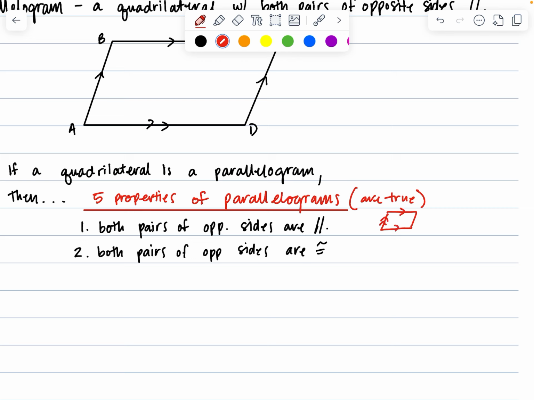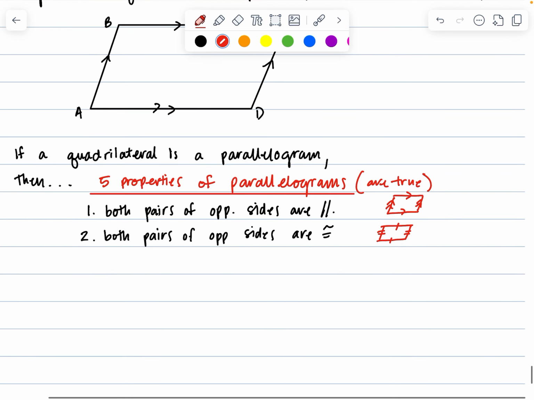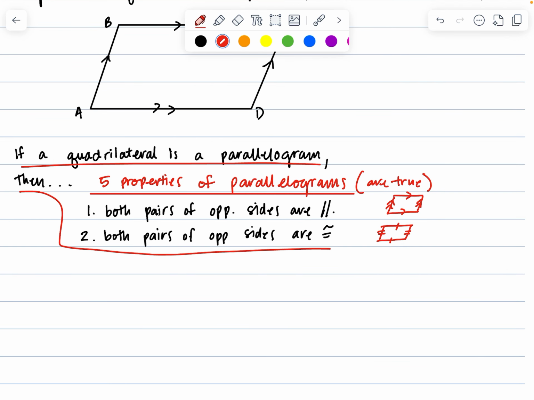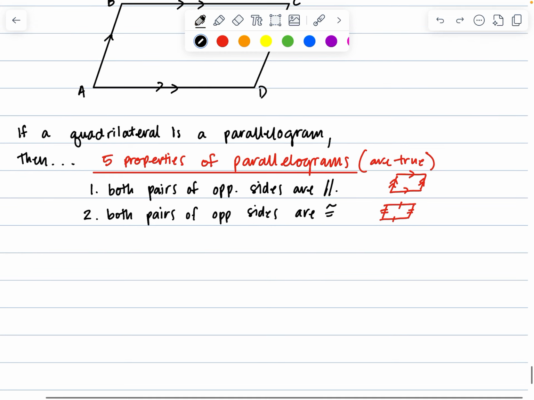We already have it above, but I'm doing it separately. We also have both pairs of opposite sides are congruent. I'm going to tick mark here, 1 tick, and then 2 ticks. So if a quadrilateral is a parallelogram, then both pairs of opposite sides are congruent.